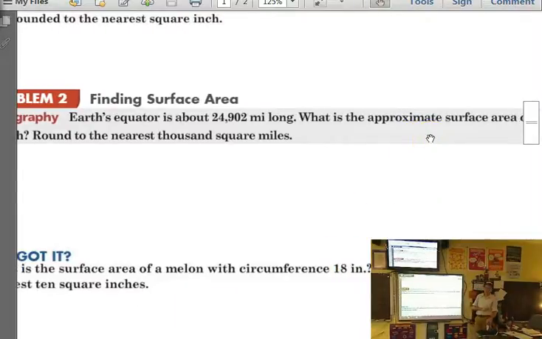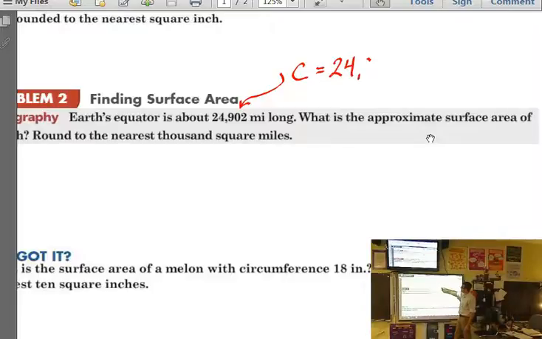But if we assume the Earth is a sphere, then what does knowing the equator's distance tell us? It's the diameter? Caleb? I was gonna say, the equator's distance, that's the thing around it, the circumference. So this is actually the circumference of what we're accepting as a sphere.